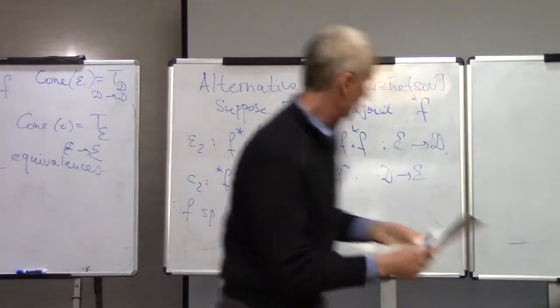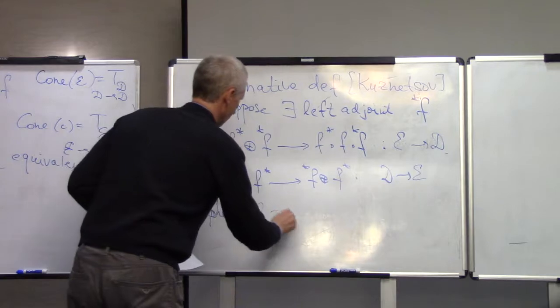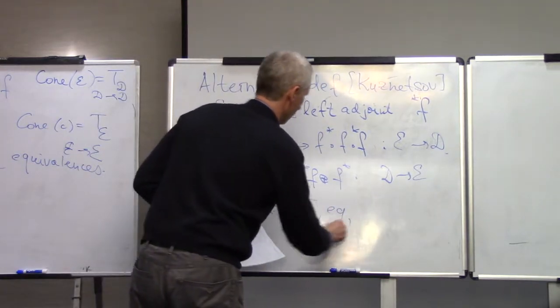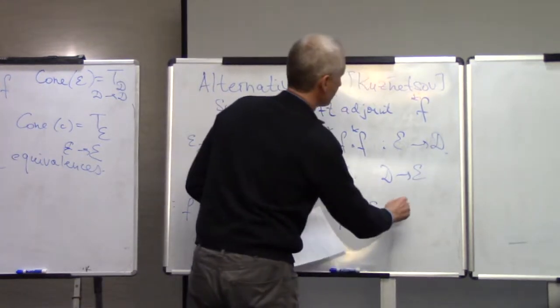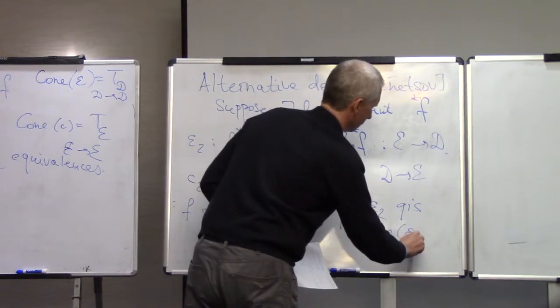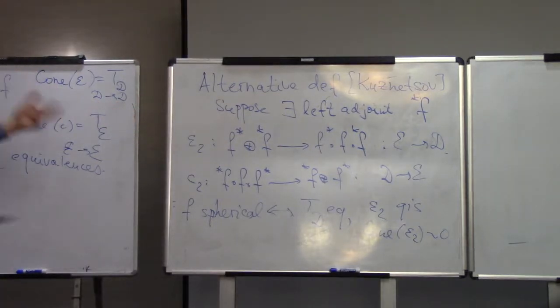So then F is spherical if T D is an equivalence and epsilon 2 a quasi-isomorphism, which means that the cone of epsilon 2 is 0. In fact, again, there are different subsets of conditions.